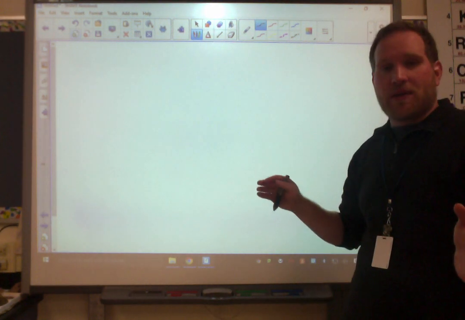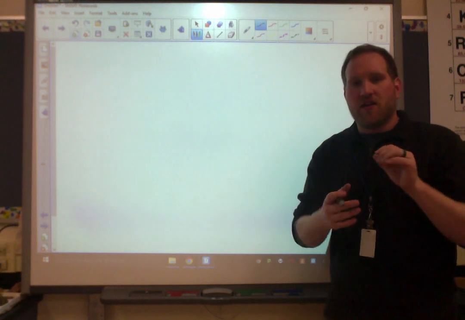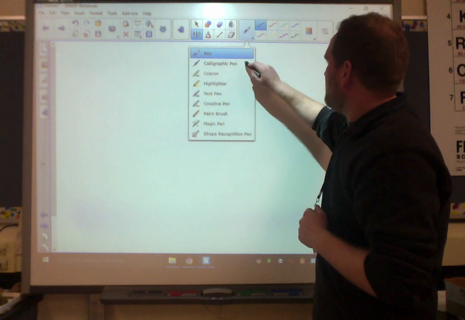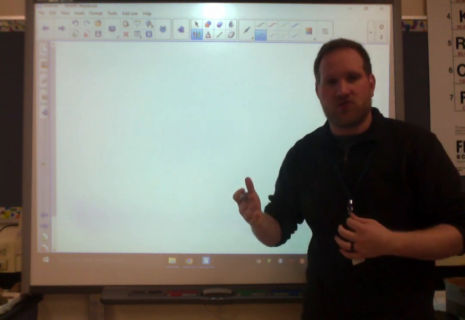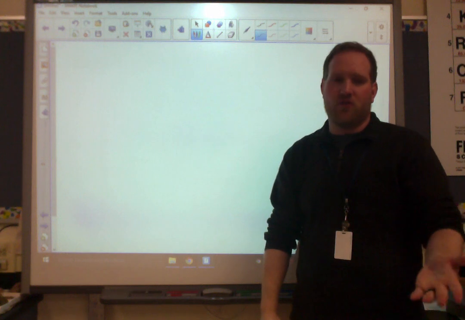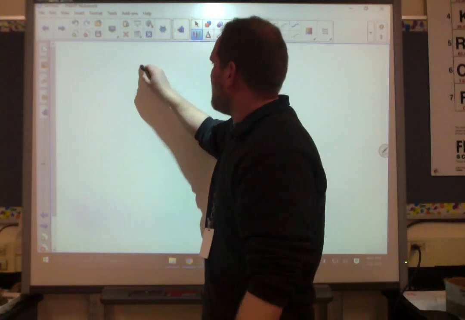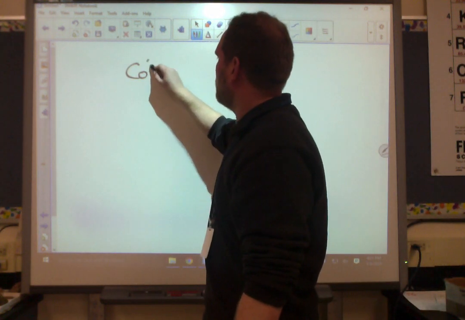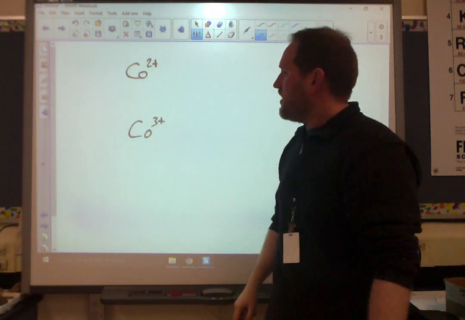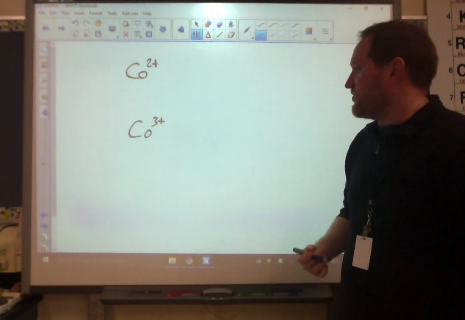So anyway, here's an example of why we have to name it differently. We can't just use the same old naming convention. Imagine we have cobalt, which is a transition metal, Co, bonded to fluorine. Let's say cobalt exists in two forms, Co2+ and Co3+. Let's say we were going to bond each of these with fluorine.